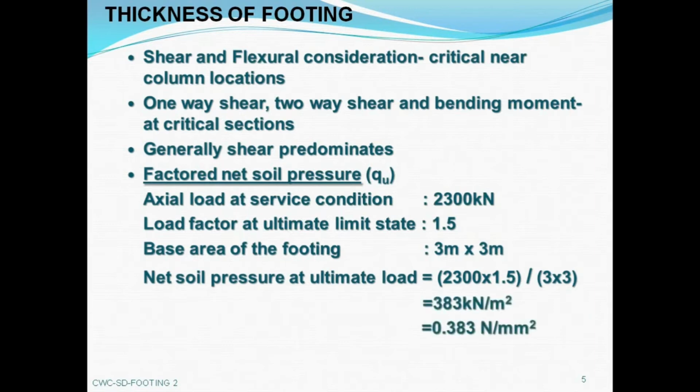So, we get the value as 0.383 Newton per mm square. The thickness of the footing base slab is most often dictated by the need to check shear stress, and for this reason the design for shear usually precedes the design for flexure. So let's start with the one-way shear.